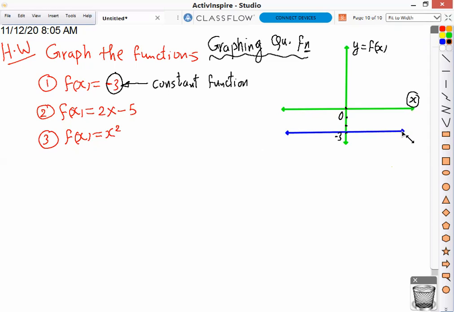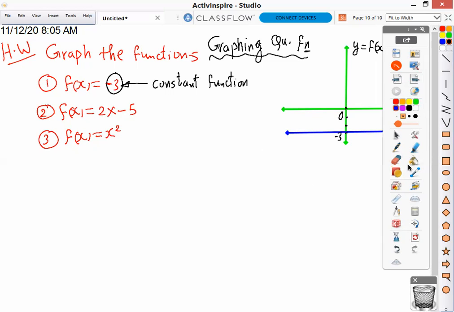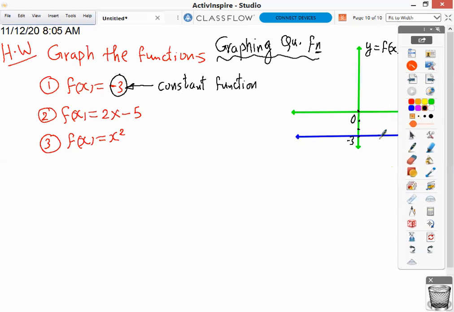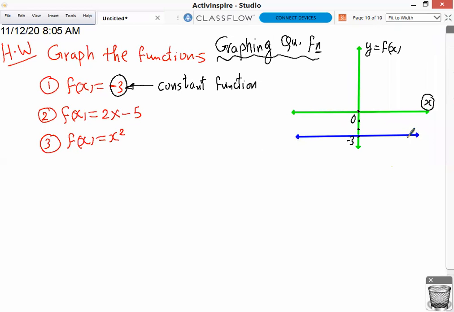This is your line. Then you can write here, for this blue line, sometimes you can write y equals -3 or f of x equals -3.